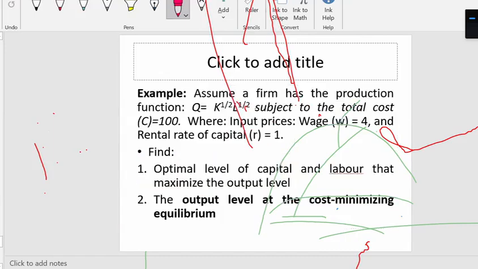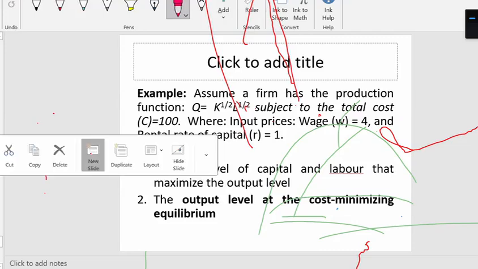Let's see an example here. This will be the last example for today. Kwa mfano, assume a firm has a production function that one. Sawa? Ngoja tuifanye pamoja.